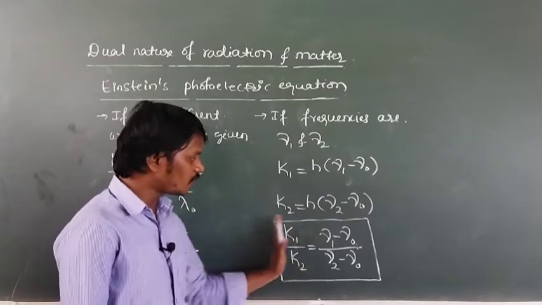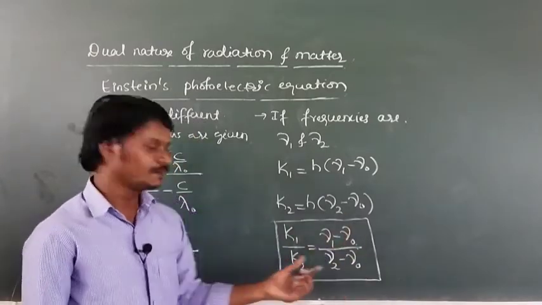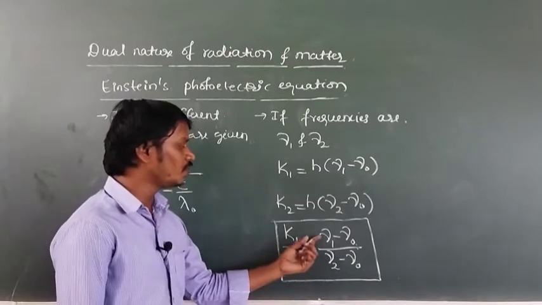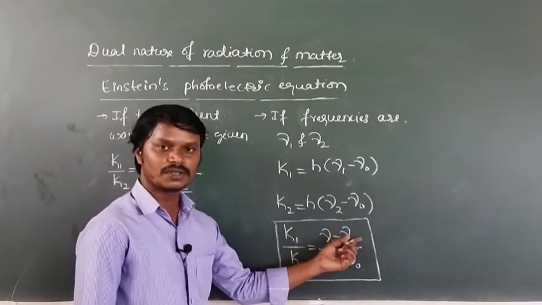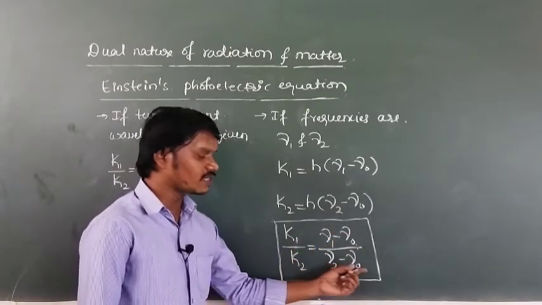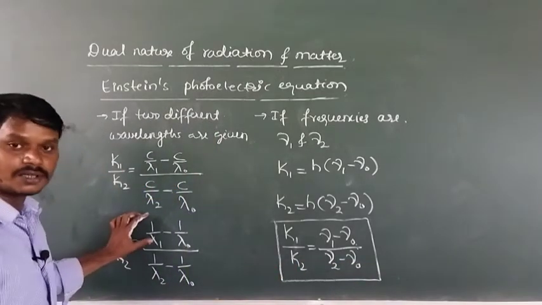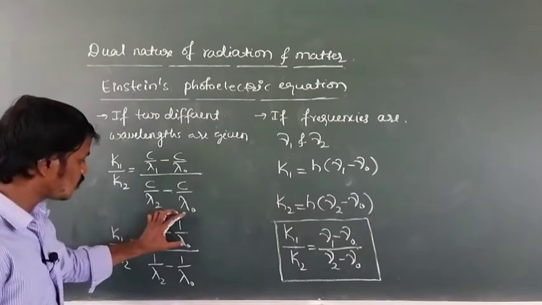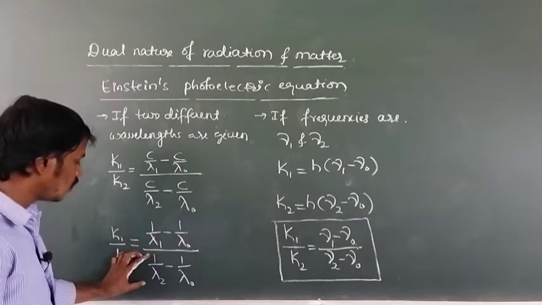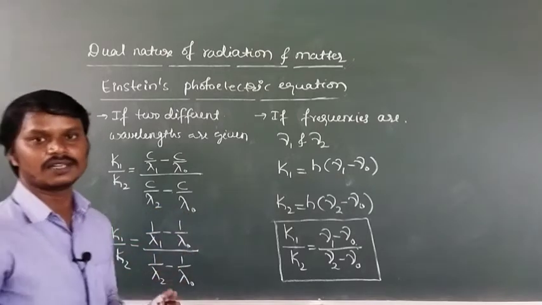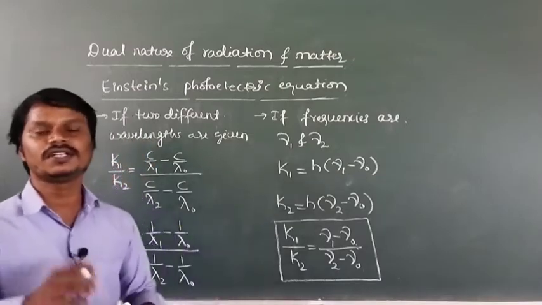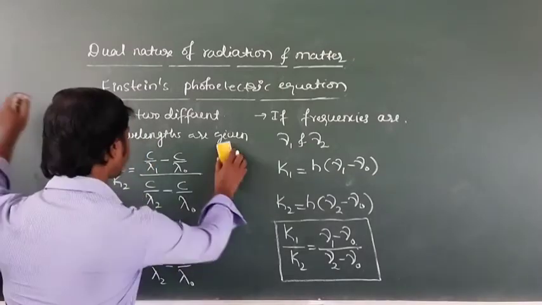The square taken to the right hand side becomes a square root. Then v1 by v2 is equal to square root of nu1 minus nu naught divided by nu2 minus nu naught. Here also, v1 by v2 is equal to square root of 1 by lambda 1 minus 1 by lambda naught divided by 1 by lambda 2 minus 1 by lambda naught. It is the ratio of speeds of the ejected electrons.